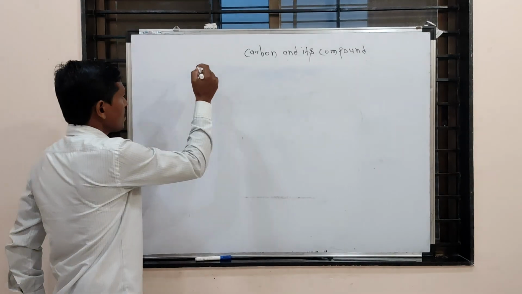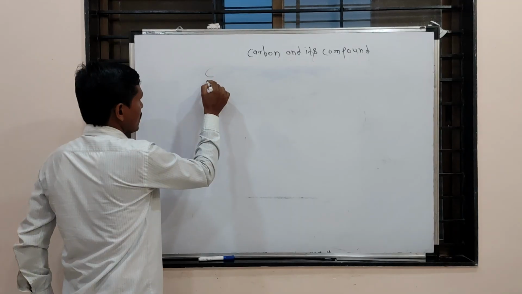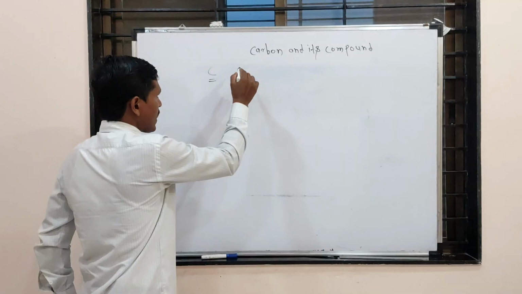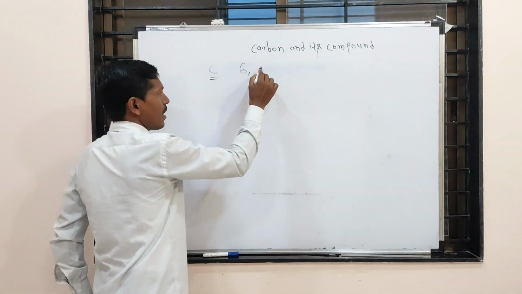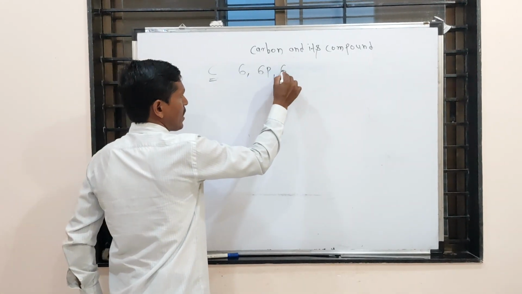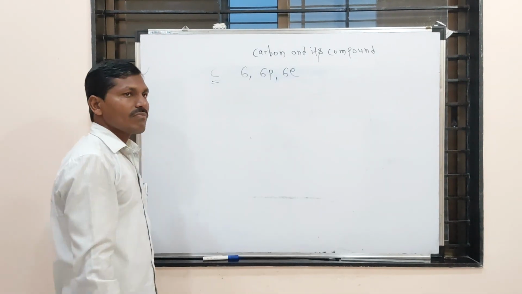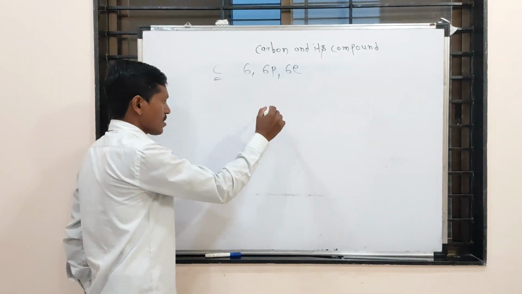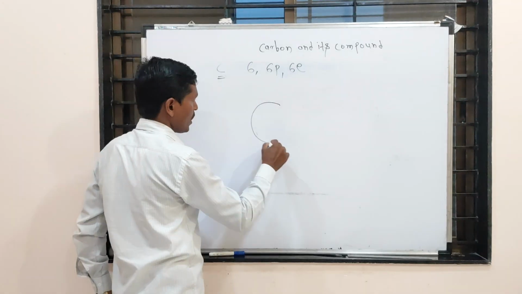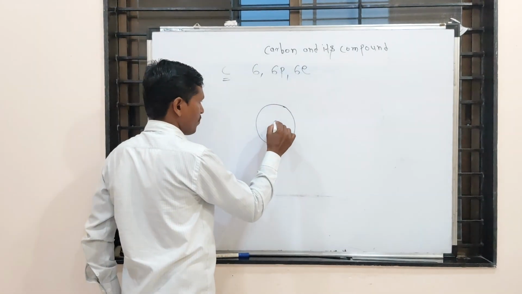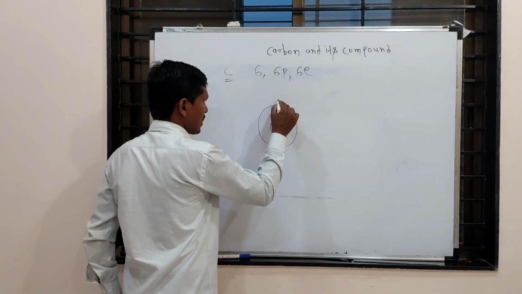We know, students, the symbol of carbon is C. Its atomic number is 6. It contains 6 protons and 6 electrons. If we see the atomic structure of carbon, there are two shells.